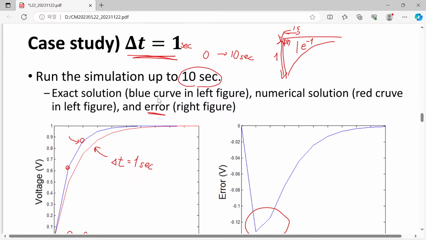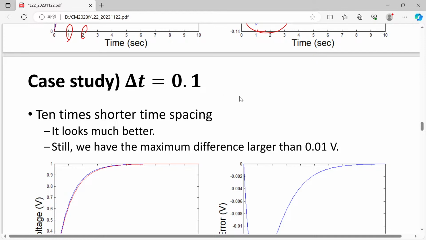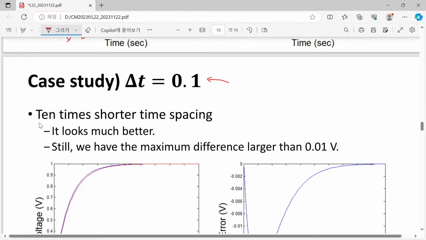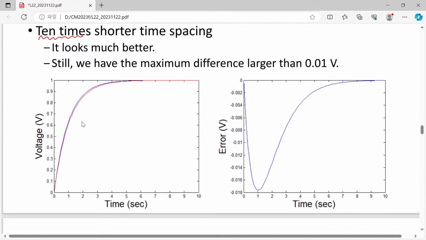Then how about going to a little bit more refined time step? In this case, we have made 10 times shorter time spacing, and this is the result.